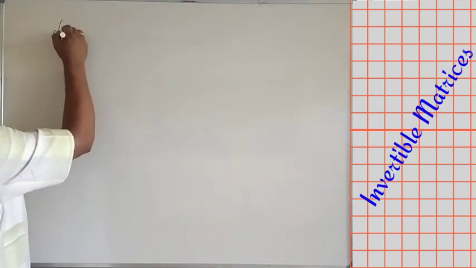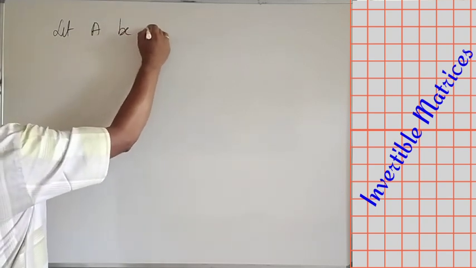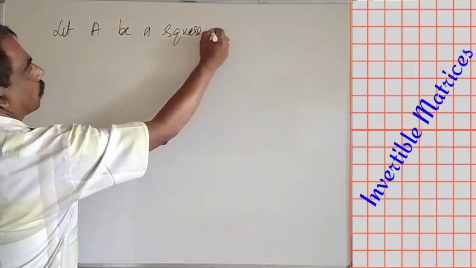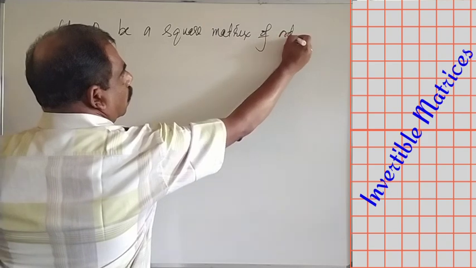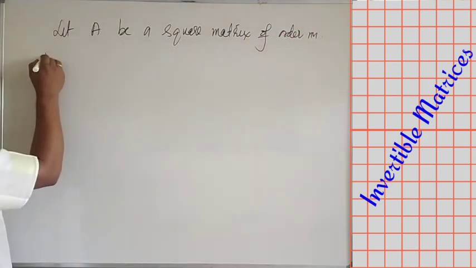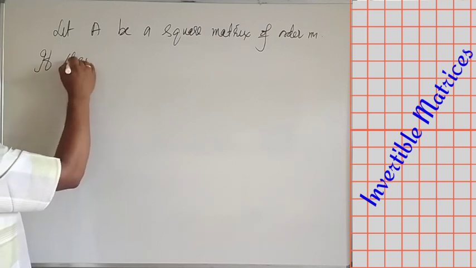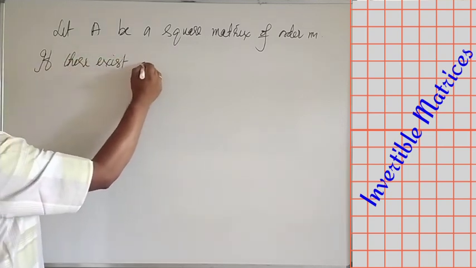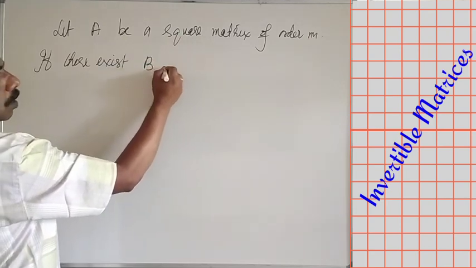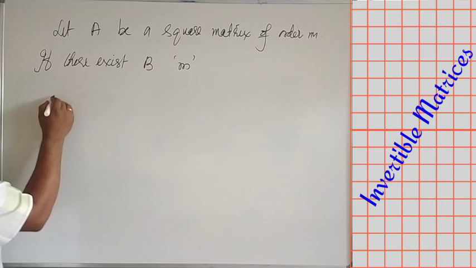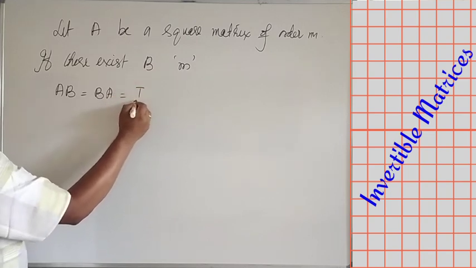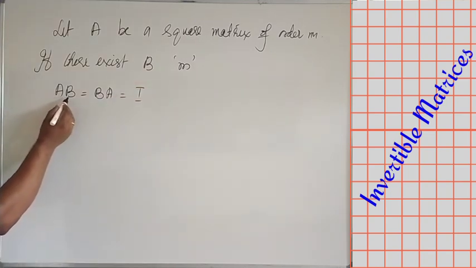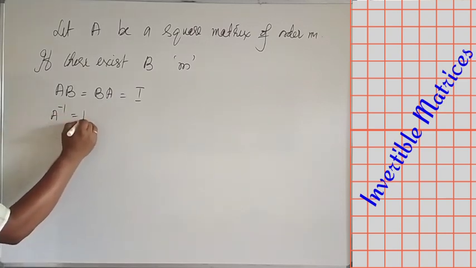Let A be a square matrix of order M. If there exists another square matrix B whose order is M such that A into B is equal to B into A is equal to I, we say that A and B are invertible matrices or A inverse is equal to B.